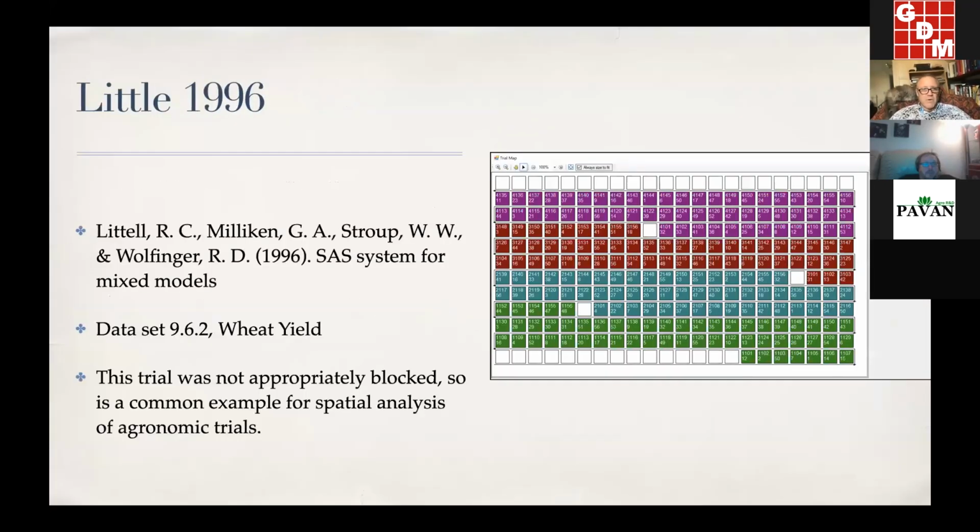And I think I've covered this. There is a better example of Little, Milliken, Stroup, and Wolfinger, SAS System for Mixed Models. This is a winter wheat yield trial. And it should be apparent from the trial map that this was not an appropriately blocked trial.